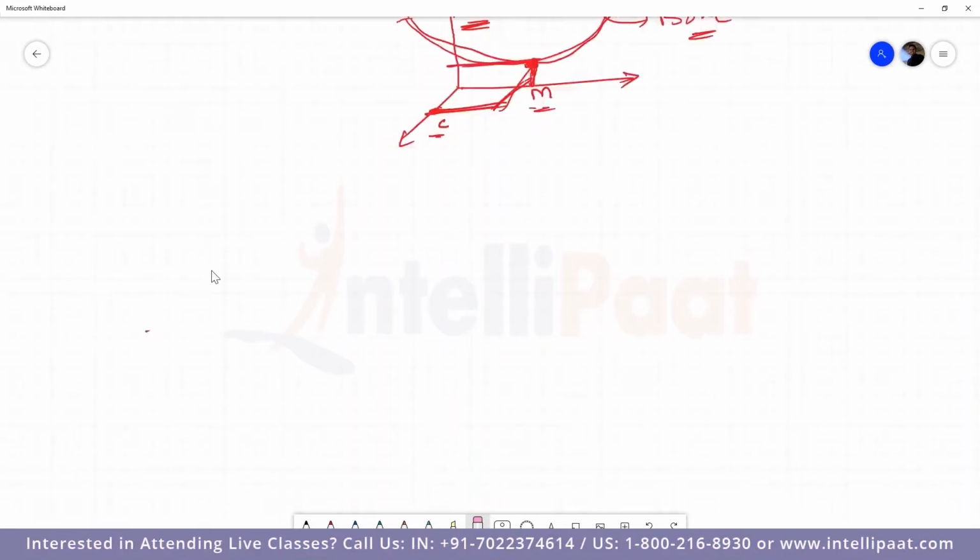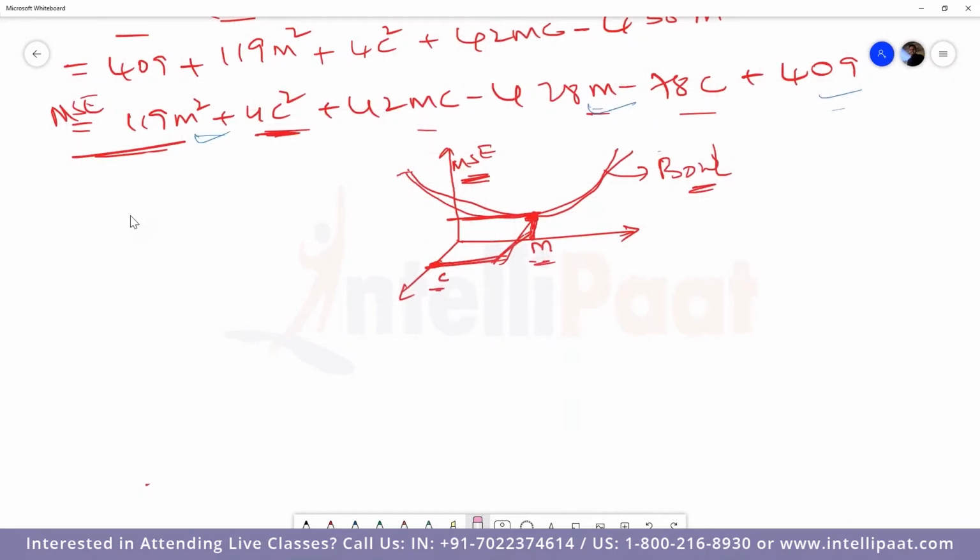Let's go back to this equation that we see here. In this equation, if you observe, I have 119m squared plus 4c squared plus 42mc minus 128m and so on. The first thing I'm going to do is differentiate this equation, ∂SSE/∂m. When I say ∂m, I'm partially differentiating with respect to m. That means all my c terms will become 0.